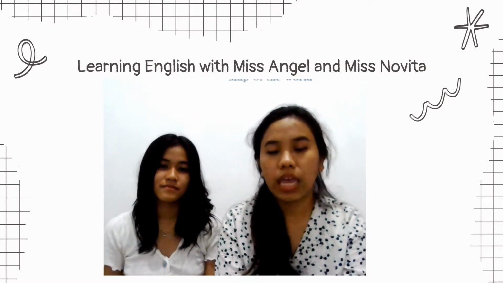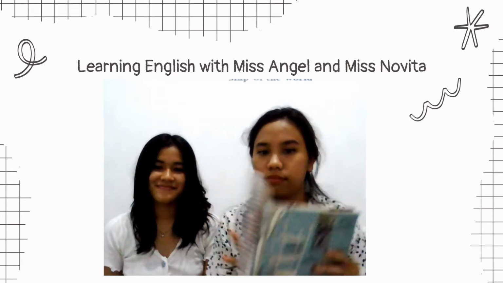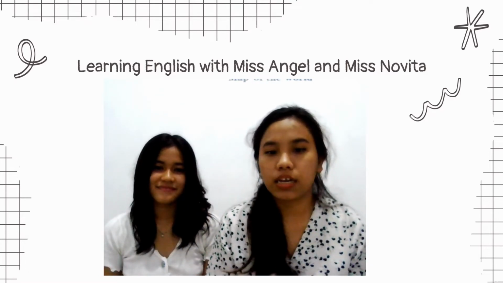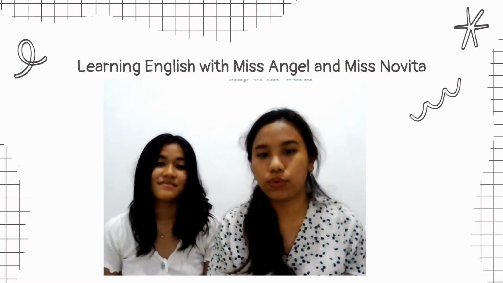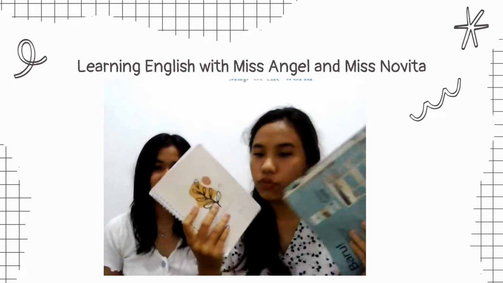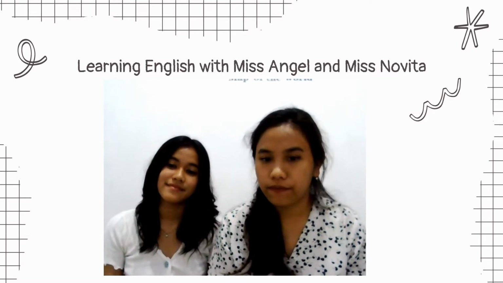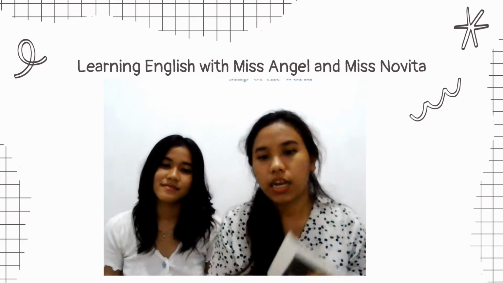For the first answer here, I have some books. And we can count these books, 1 and 2. So I have 2 books. So the answer is we can count books. Next, I have some flowers.